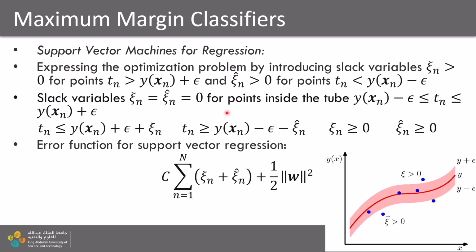So as we had this definition for the tube, we simply add the slack variable to these two, and still have this formulation where we are within the tube, which is expanded by this slack variable. So that's for the points which are outside the epsilon insensitive tube, and they are therefore also the support vectors.